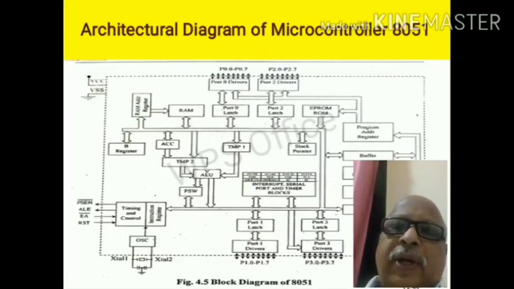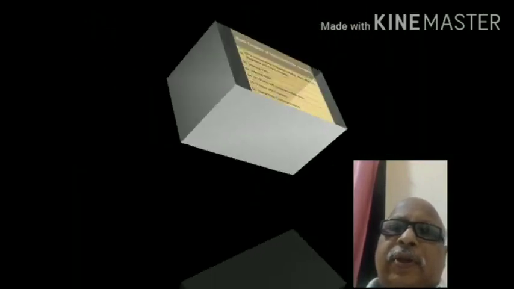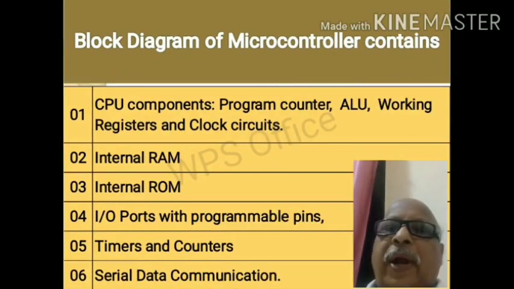This also contains different blocks. We are going to see in detail this block diagram of the microcontroller. It contains CPU components, central processing unit components, that is a program counter, arithmetic logic unit, working registers and clock circuits.